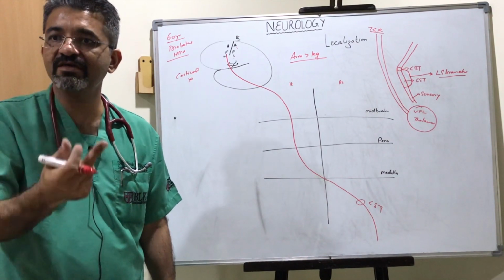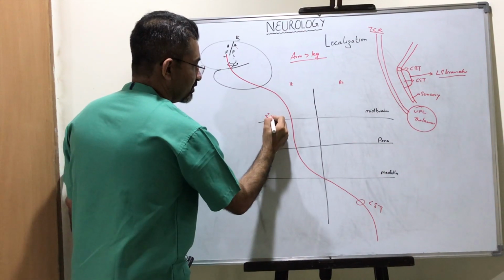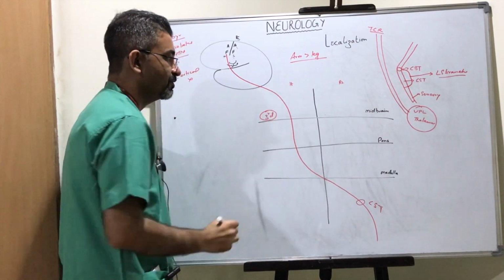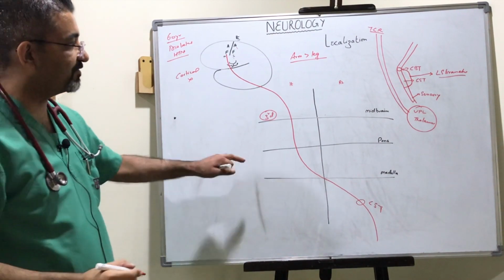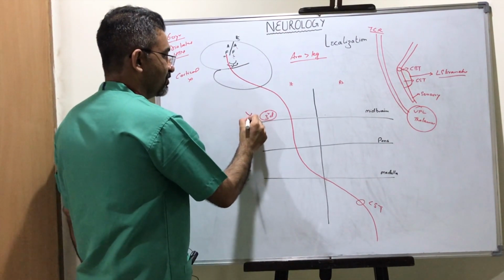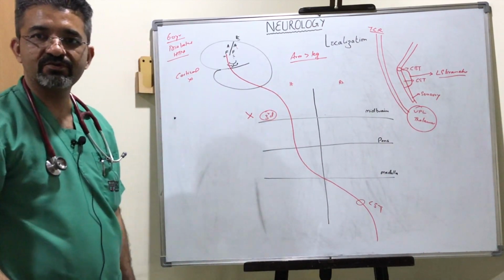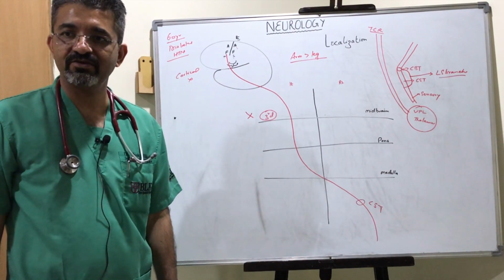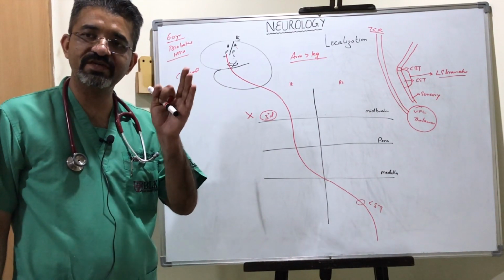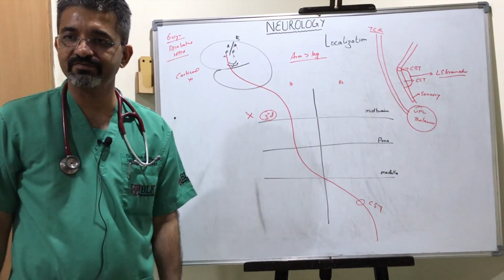That means there is a third nerve involvement. Where is your third nerve? Third nerve is in the midbrain. So it's a classical Weber syndrome, wherein you have involvement of the midbrain third nerve, and the corticospinal tract gets involved. So you have contralateral hemiplegia, whereas the cranial nerve nuclei are involved on the same side.